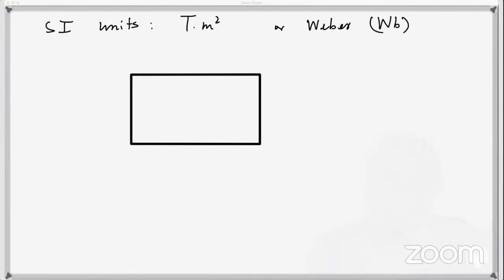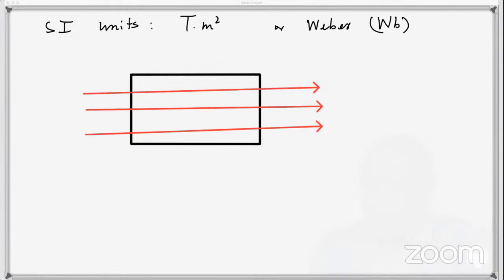Now, suppose we have a magnetic field that is going across from left to right. Obviously, this is the magnetic field. The area of this is just the length multiplied by the width.